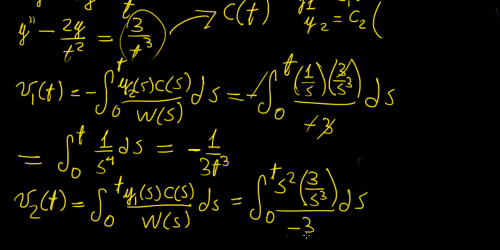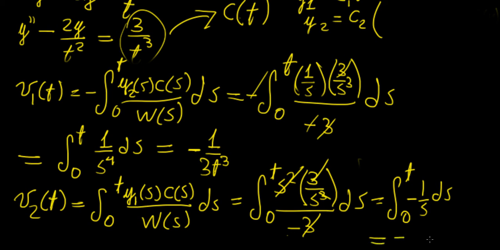So once again, this goes with that, this cancels out with that, so we're going to have the integral of minus 1 over s, and then this is going to be minus ln of t, and we use absolute value bars here.